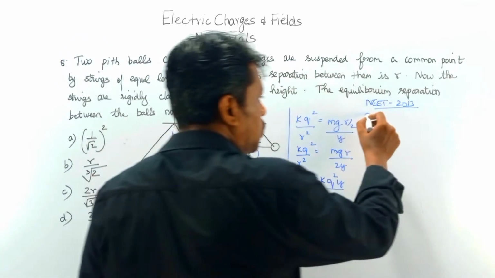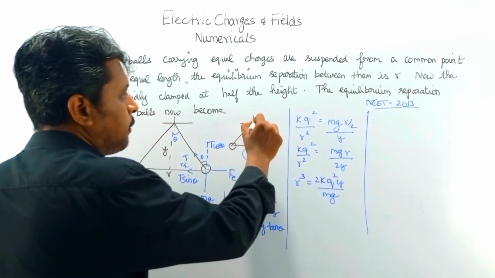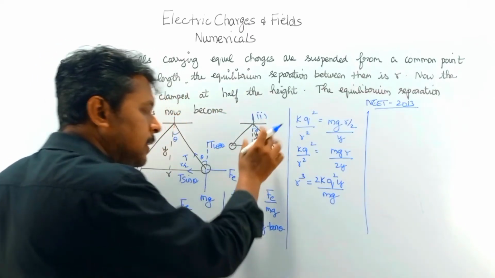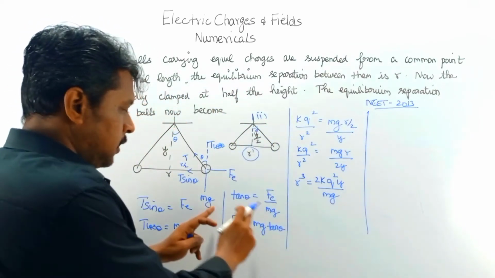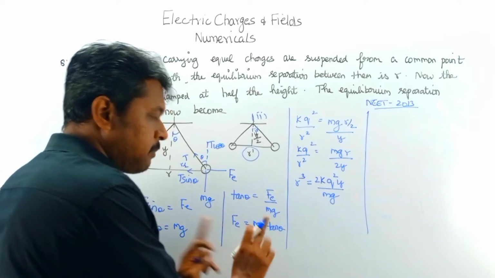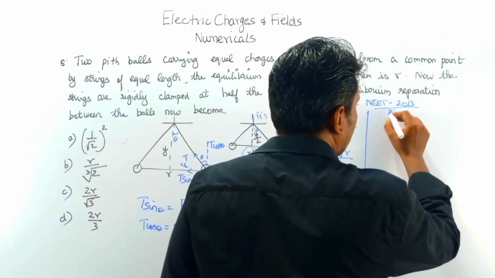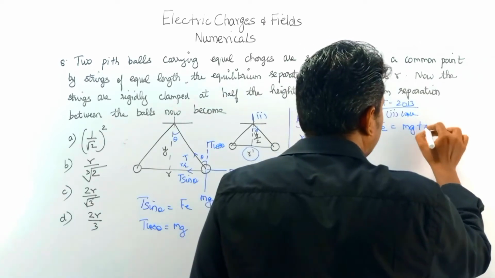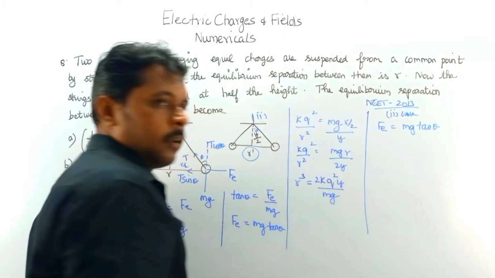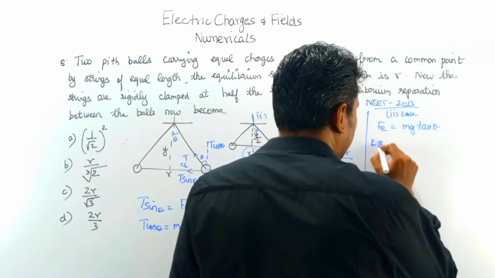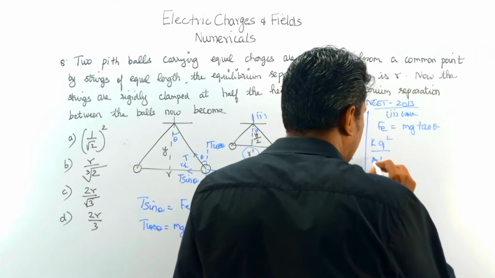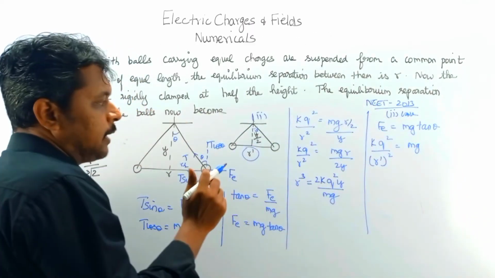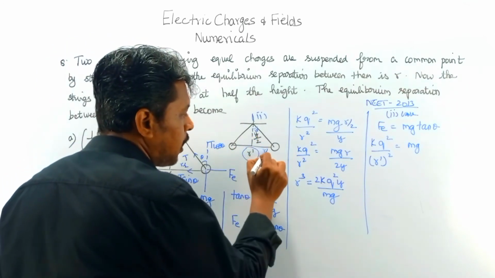Now we'll move on to the second diagram. In this case also we will get the same force distribution, the same formula: Fe is equal to mg tan theta. But the value of the force here will be k q square by r dash the whole square. With respect to tan theta, this is y by 2 and this is r by 2.